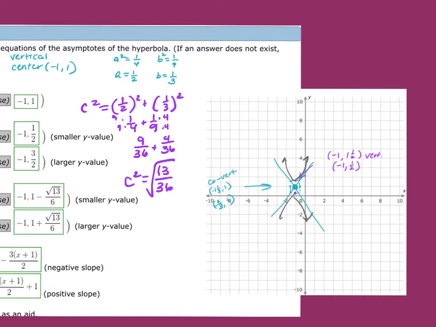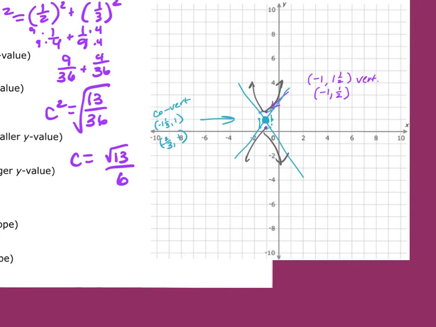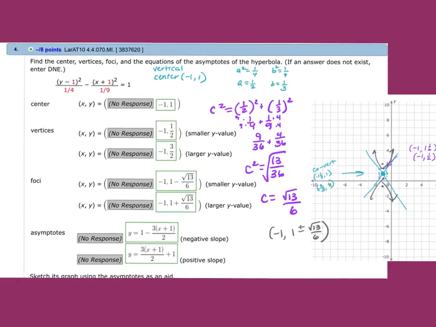Then you square root it. Square root of 13 stays a square root of 13, but the square root of 36 goes to 6. Then you add that to the center, to the y, because the foci fall in here. So my x stays as negative 1, but the y part of the center, which was 1, gets added and subtracted the square root of 13 over 6. And that's where those other values come from.